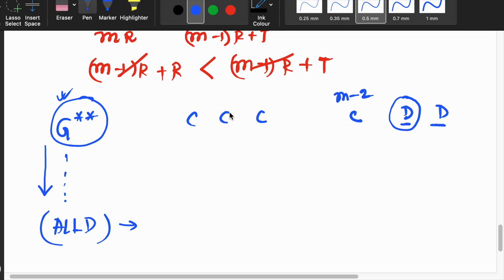The tit for tat strategy says that I will do whatever you did. If in the last step you defect, in the next step I will defect. If in the last step you cooperate, I will cooperate. Whatever you do, I will also do that thing in the next step. We will find that this tit for tat strategy is actually a very good strategy, and the problem with grim will not be there with the tit for tat strategy. So tomorrow I will present these things.